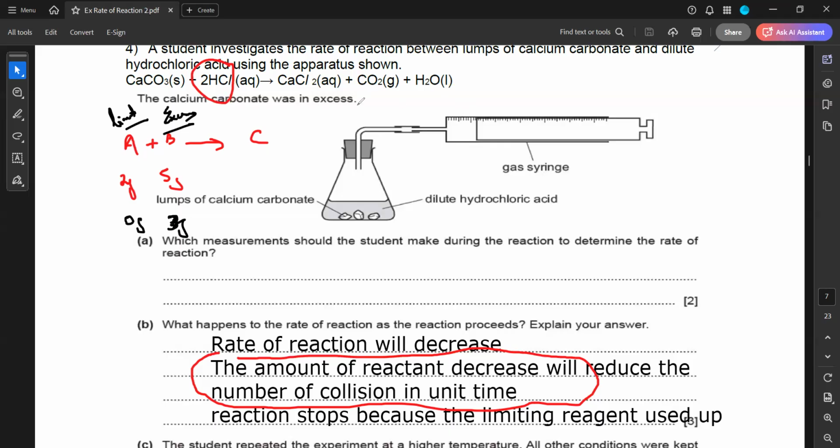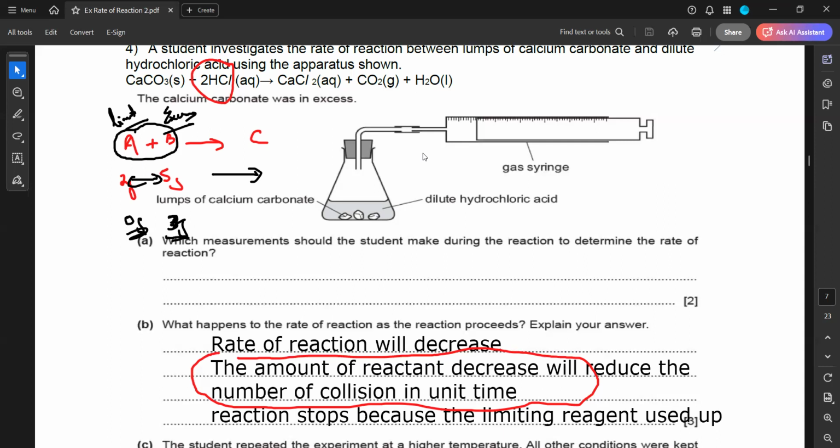No, but for a reaction to happen, I need both of the reactants, because A is combining with B to produce C. But what happens if A is completely used up and B is still left behind? The reaction will stop because the reaction needs both A and B to continue. Clear? Yes.